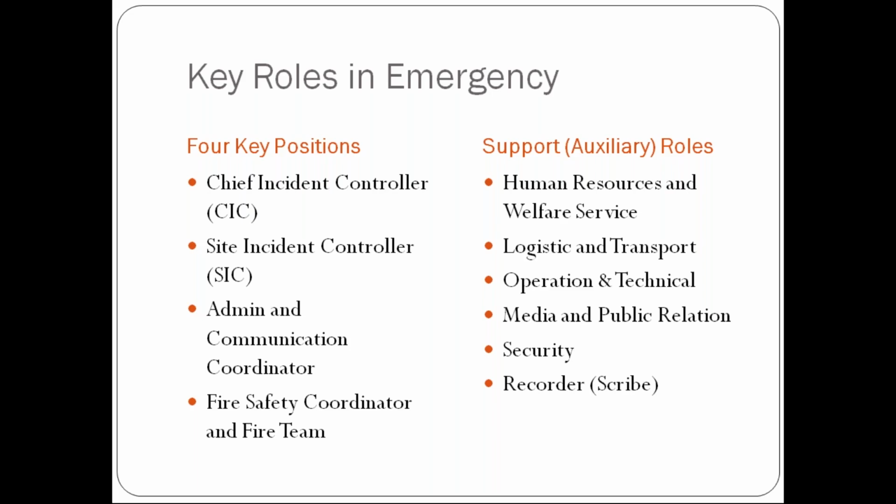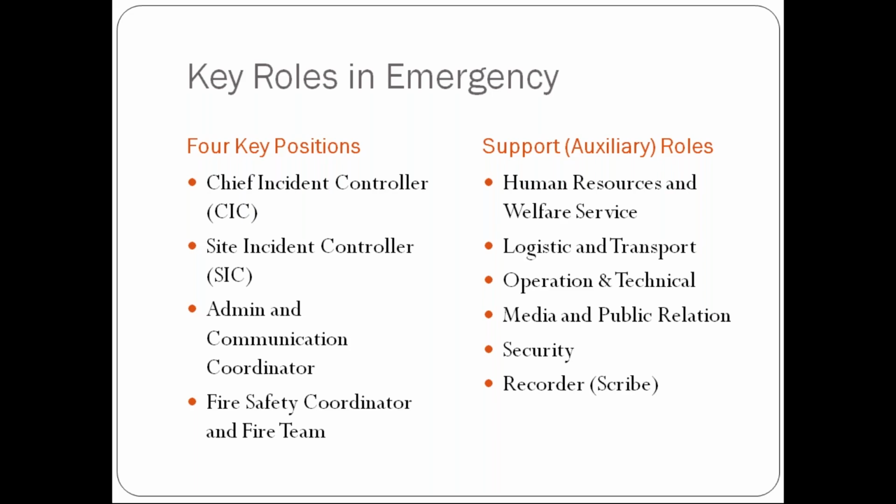And then there are the support or auxiliary roles also, like the human resource and welfare service coordinator, logistics and transport coordinator, operational and technical support, the coordinator who is taking care of media and public relations, and the security coordinators. What is the role of security and the recorder? Of course, the scribe is also required to keep a chronological record of what's happening in an actual emergency.